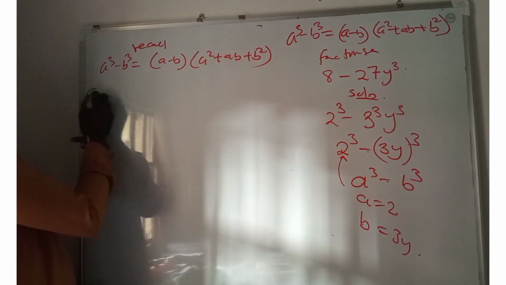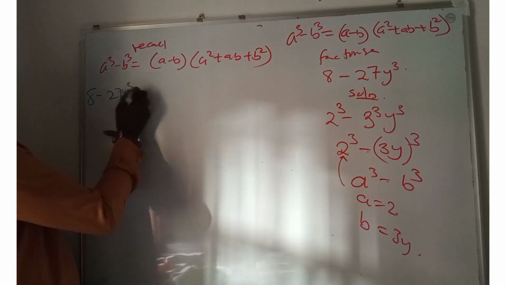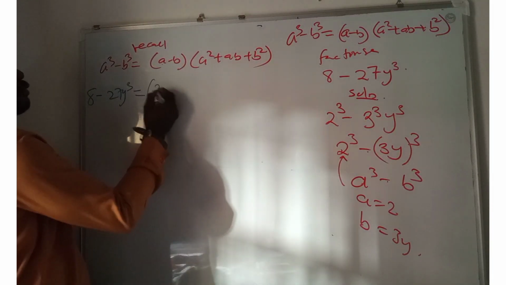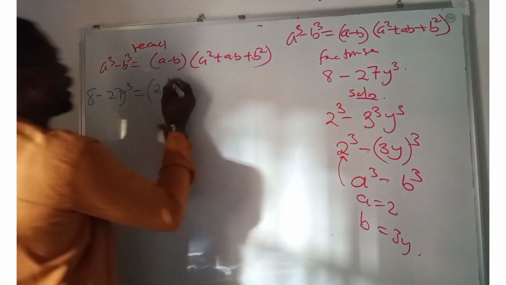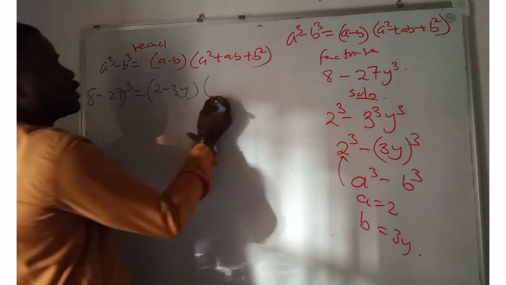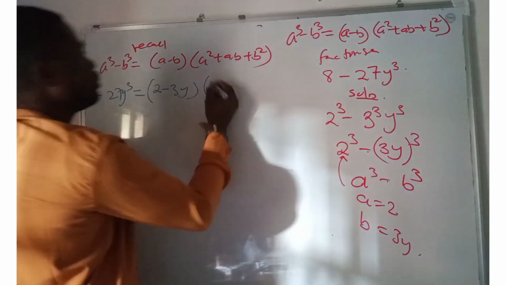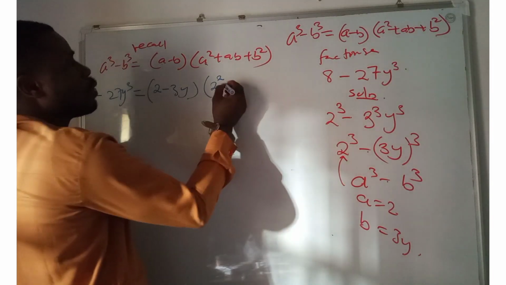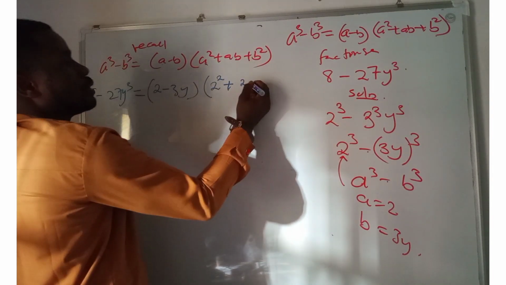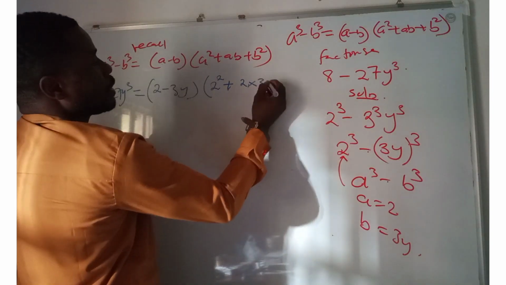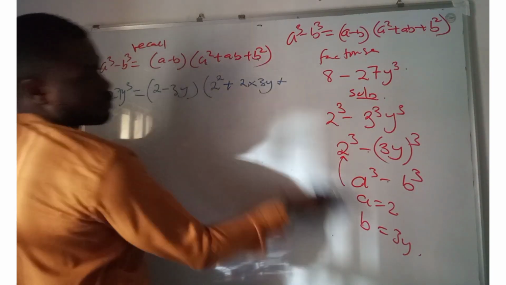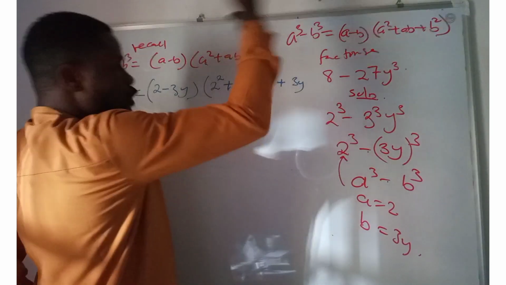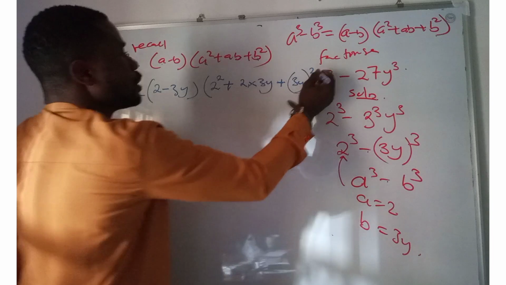So if I have remembered that a cube minus b cube is expressed like this, therefore I will now say that 8 minus 27y cube is equal to, remember we say let a be 2. Now in place of a, I'll have 2 minus our b, we say is 3y, and then into a, that is 2, and this a is raised to power 2, I have to raise the 2 to power 2 also, plus a is 2 times b is 3y, and then plus this b, we say b is 3y, and because this b is raised to power 2, this 3y must be raised to power 2.